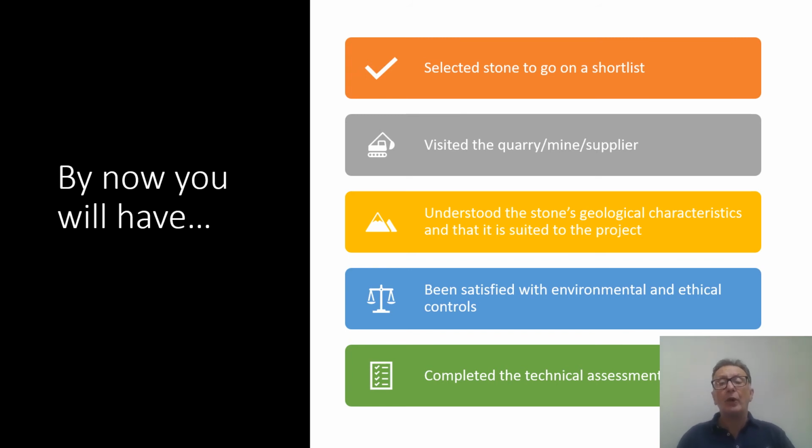Ideally, you would have visited the quarry or the mine or the supplier of the stone and had a good look at the wider range of material and better understood its geological characteristics, and that material will be suited to the project that you have in mind. You should also have been able to satisfy yourself that the environmental and ethical controls that are required by both you and your client are going to be satisfied. And at this stage, you should also have completed a technical assessment, which is likely to have included more than just a review of the declaration of performance information that you've been presented with.